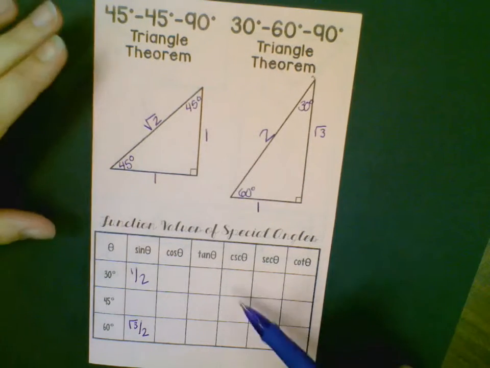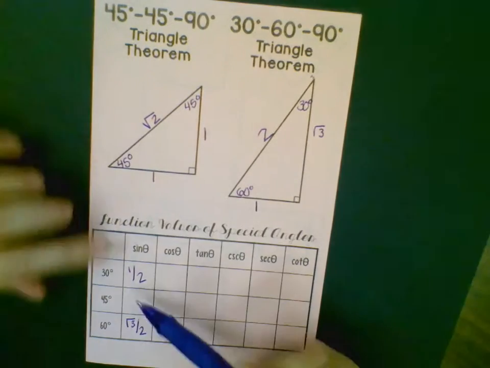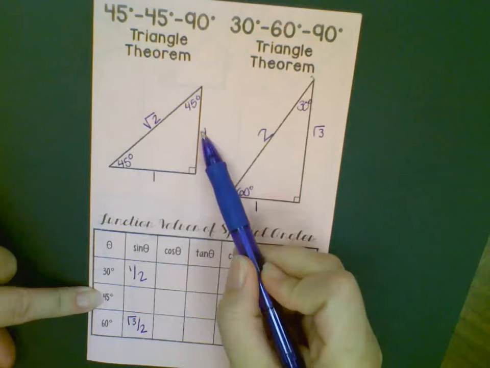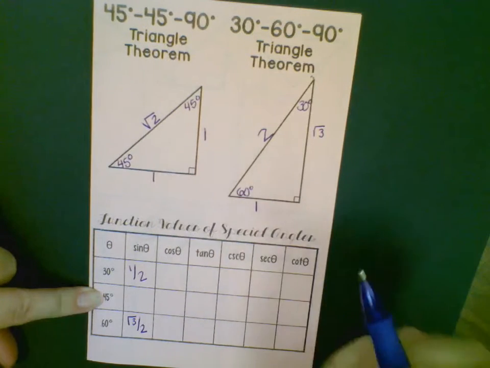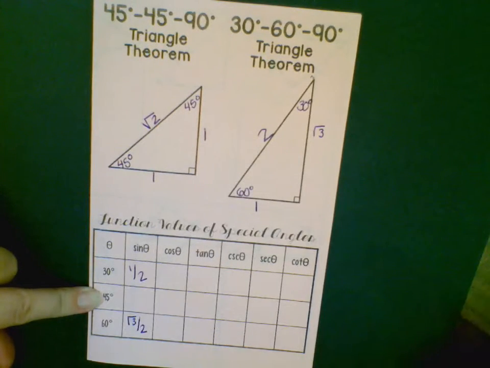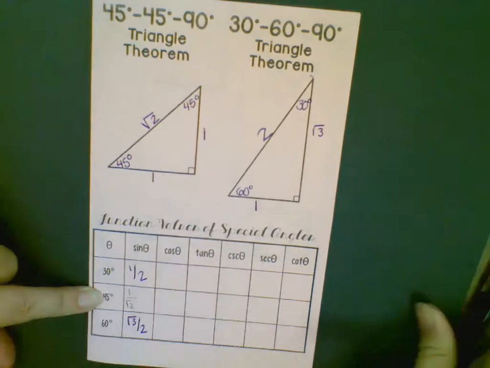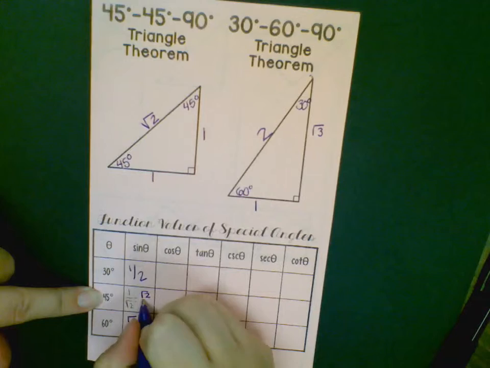From there you could fill in the cosine ones. We can look at this triangle for 45. So sine of 45 would be 1 over root 2. And if we rationalize 1 over root 2, we get root 2 over 2.